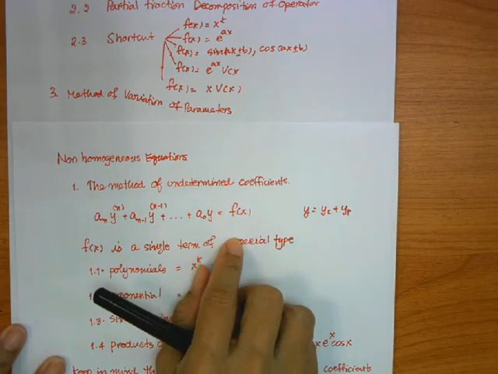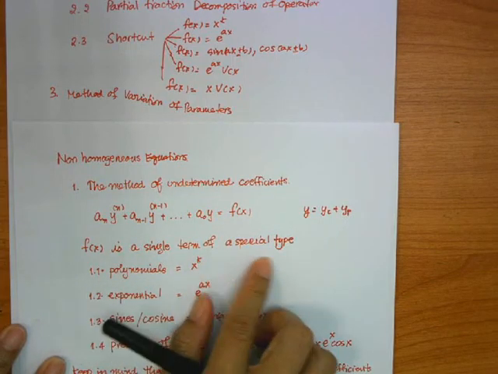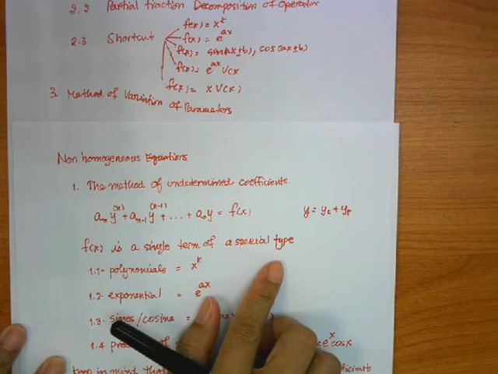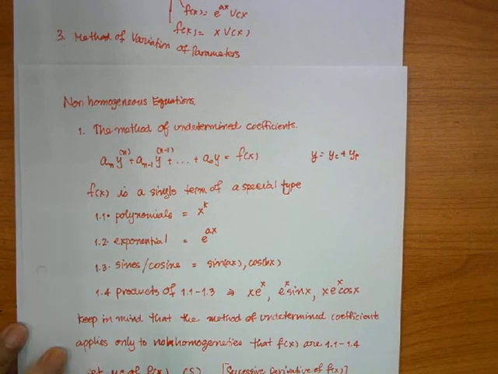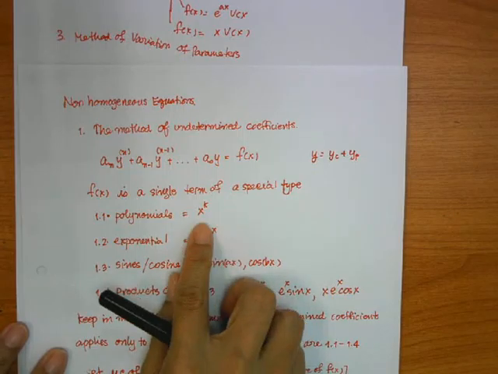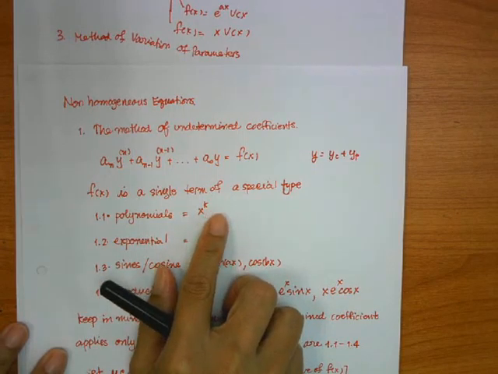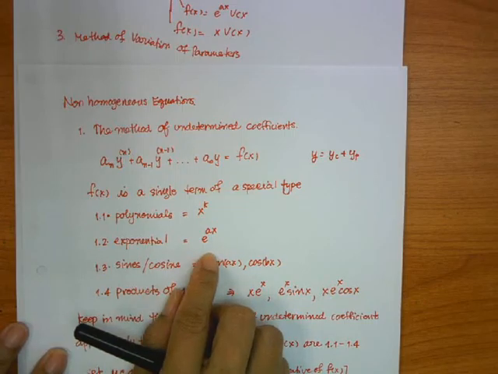Your f(x) has to be a single term of a special type of function. What are those functions? The first could be a polynomial, which is x to the power k. The second could be an exponential, e to the power ax, where a is a constant.